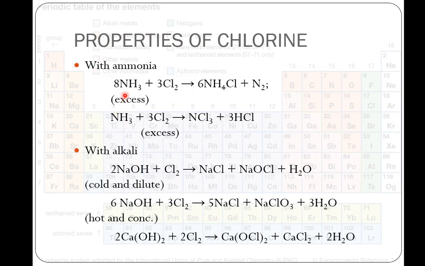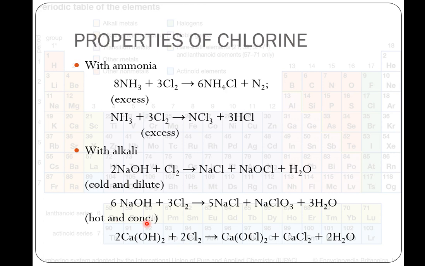With excess of ammonia, it forms ammonium chloride and nitrogen. But if chlorine is taken in excess, then the products are NCl3 and HCl. With cold and dilute alkali, chlorine forms NaCl, NaOCl and water.